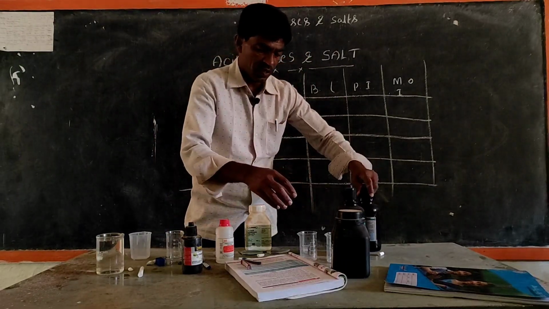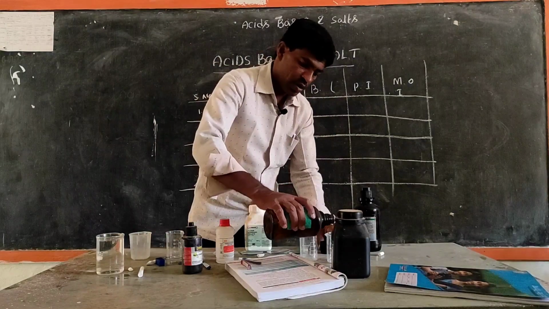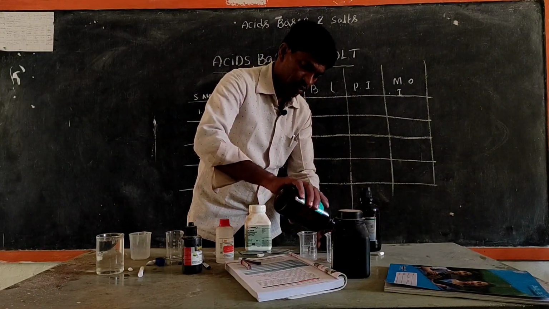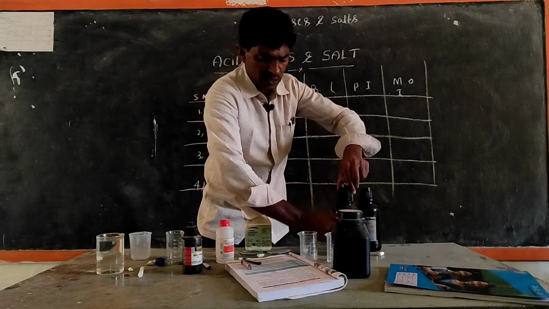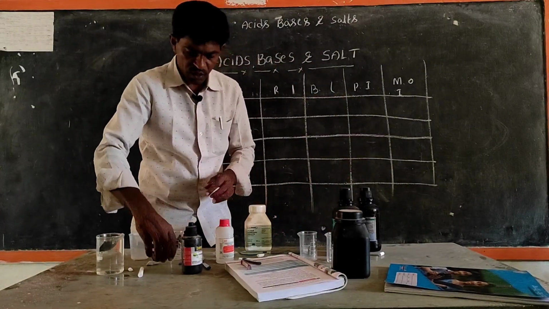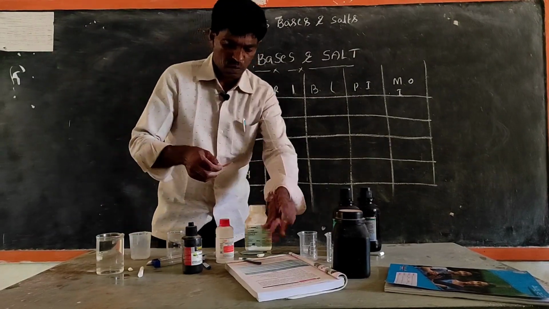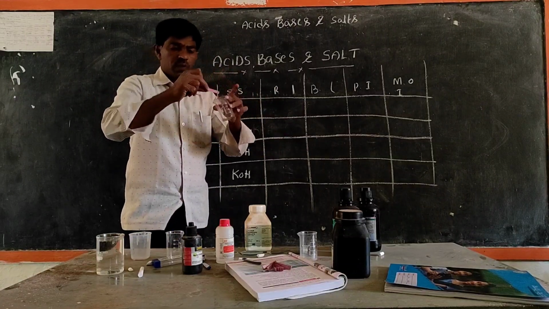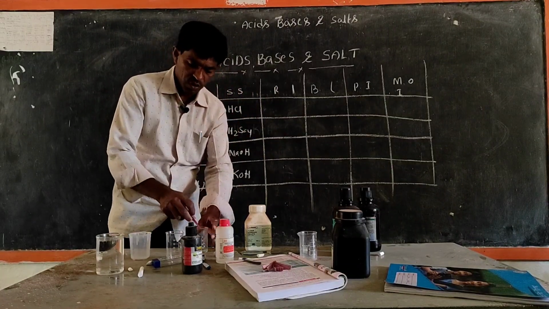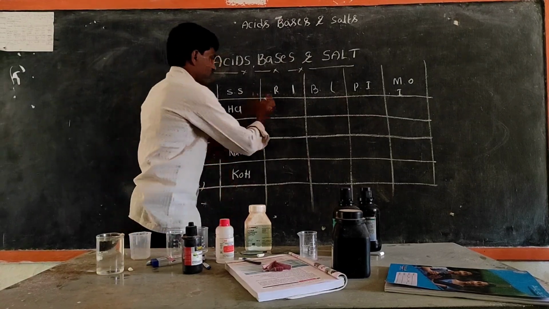First we take the HCl into the beaker and test with the red litmus. There is no change, so acids do not react with the red litmus.